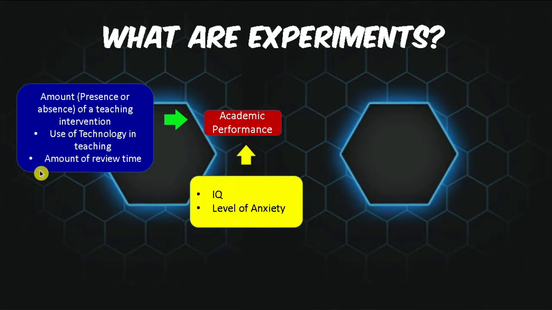Some would receive shorter review time, and others would have longer review times, and then we compare their academic performance. In this particular experiment, there are extraneous variables identified, for example, IQ and level of anxiety. Since I have already identified them as my extraneous variables, then I have to control for these things.